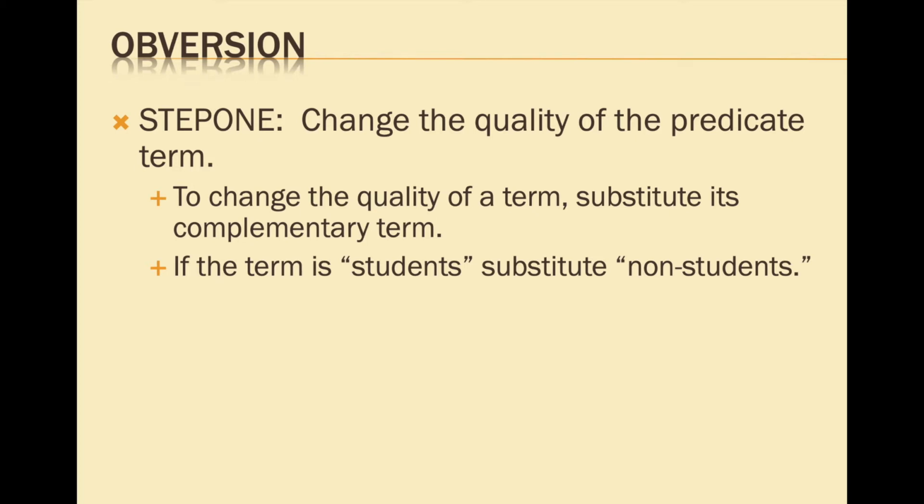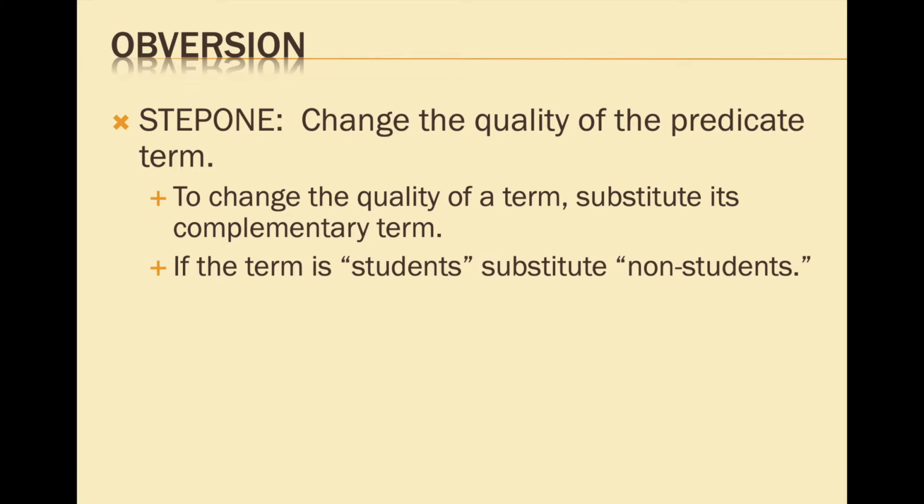So when we talk about changing the quality of a term, we're talking about, in essence, substituting its complement. So to change the quality of the term, substitute its complementary term. So if the term is students, you change it to non-students. That is, you substitute the complementary term.